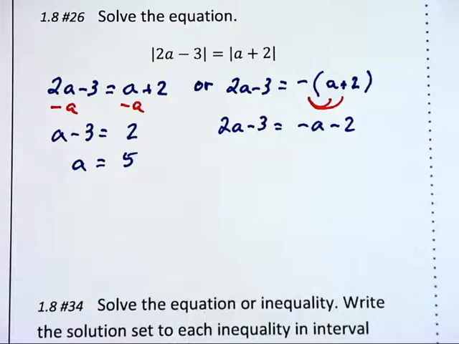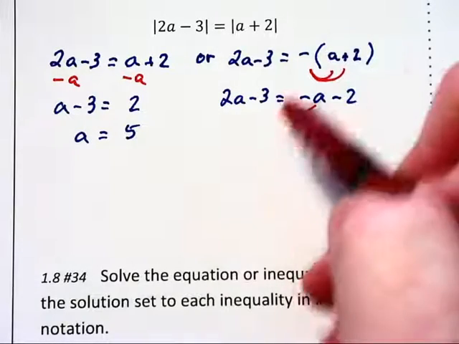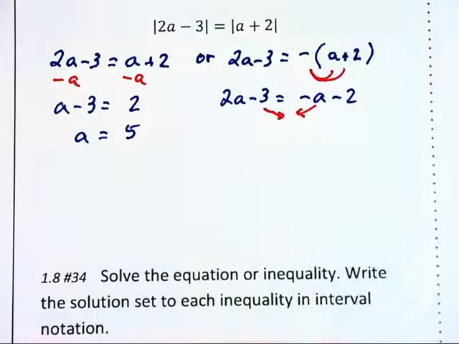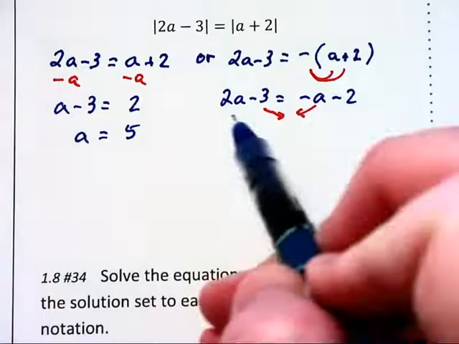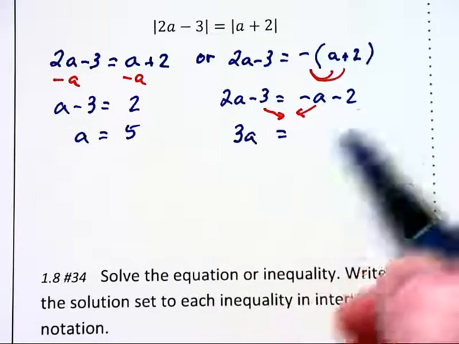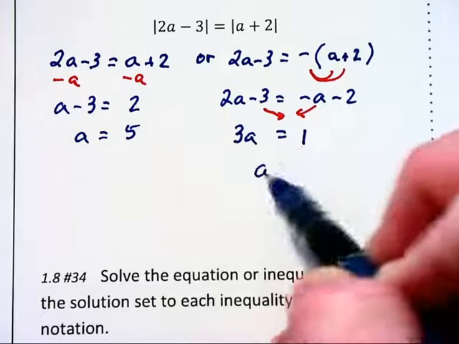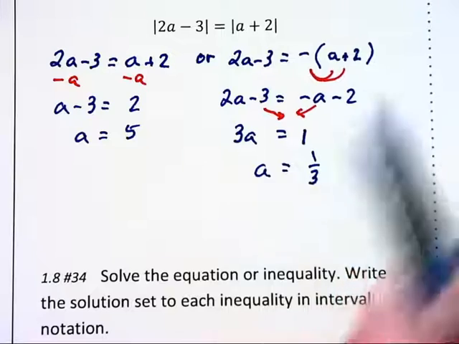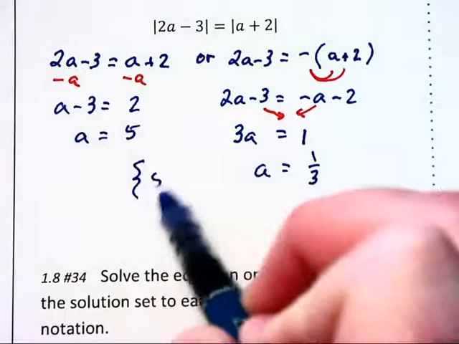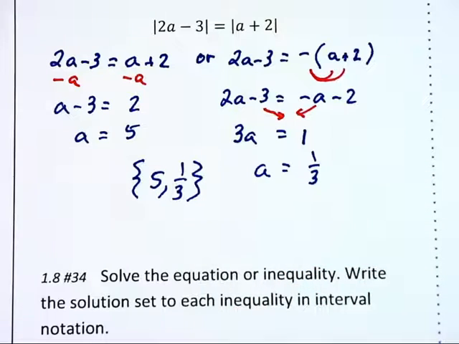We will then add a to each side of the equation, and we will add 3 to both sides of the equation. Adding a to each side brings the left side up to 3a. Adding 3 to each side makes the right side equal to 1, and we get a is equal to 1/3. So our solution set here contains the values 5 and 1/3.